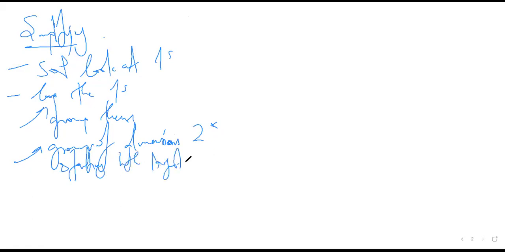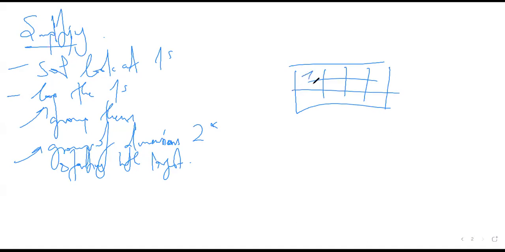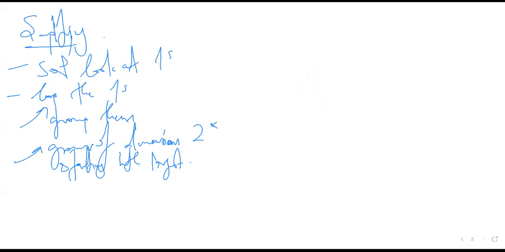Starting with the largest. So what we mean is, if you have a Karnaugh map like this, maybe with 1, 1, 1, 1, 1, 1, 1, 1, 8 outputs, all of them ones, you start grouping the largest numbers.